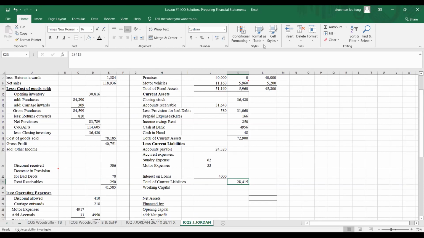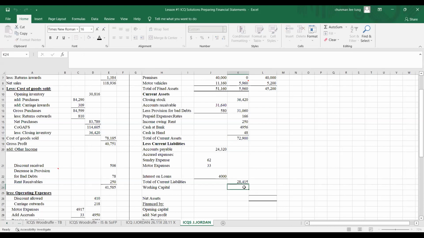Just some thumbs up for those who are okay so far up to this point. All right. Excellent. So all I'm doing is just plugging in my figures here now. The next part is where I'm just going to find the difference between current assets and current liabilities, which will give us our total, our working capital.